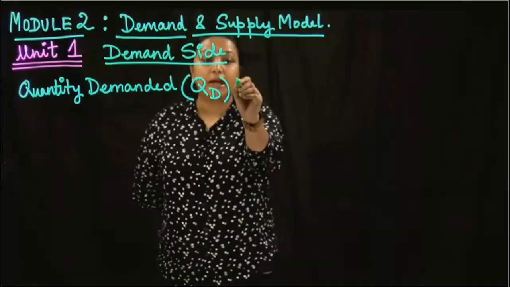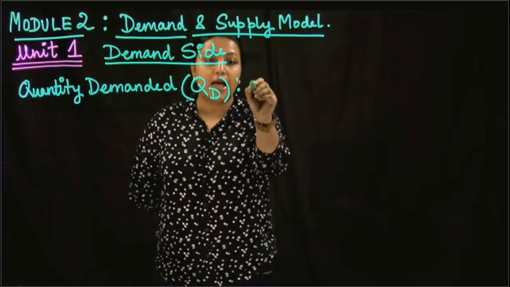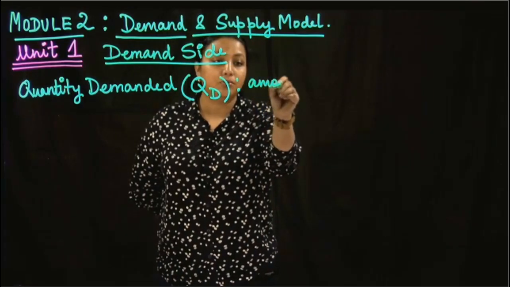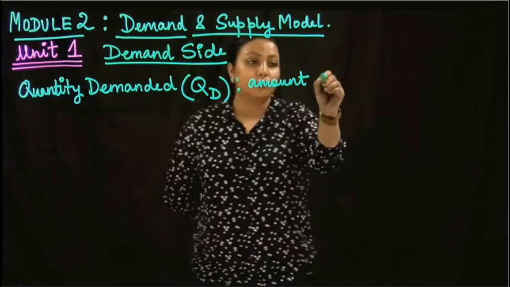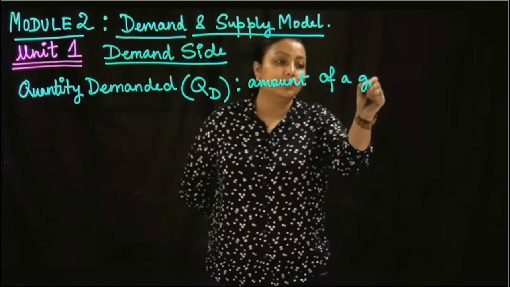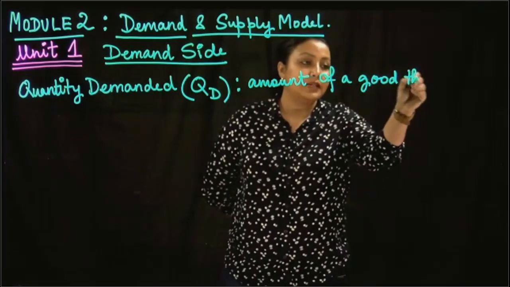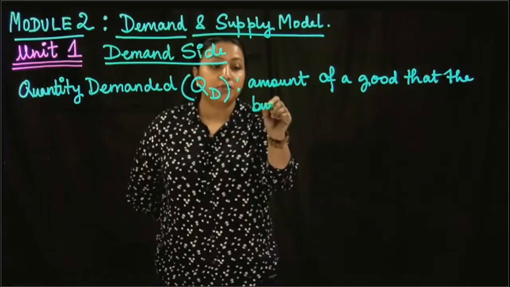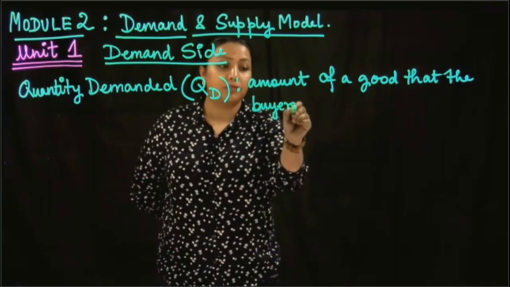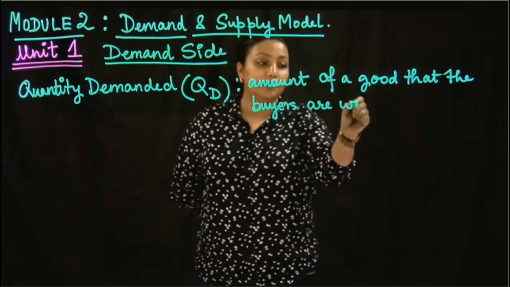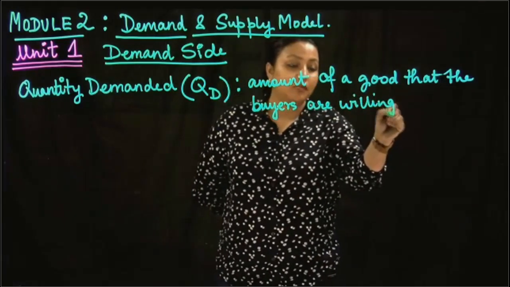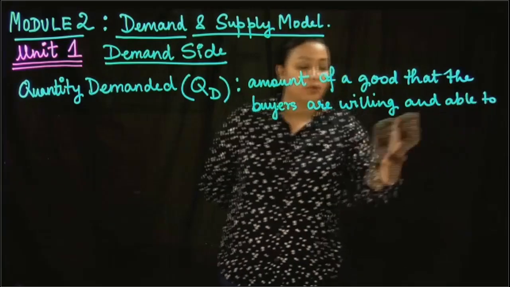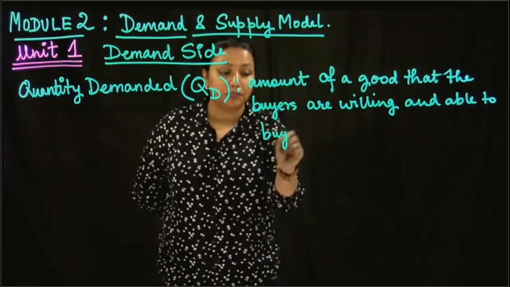So quantity demanded really is defined as the amount of a good that the buyers are willing and able to buy.